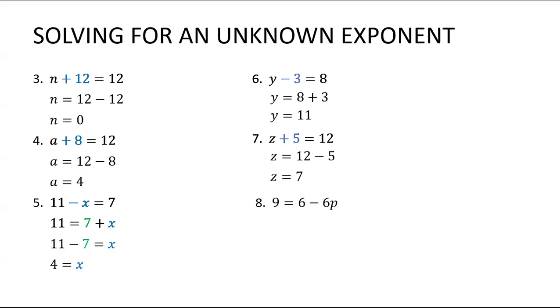For number 8, I could have transposed 6 because we've used the other method before. Let me use a different method this time. I will have 9 minus 6 is equal to negative 6p.